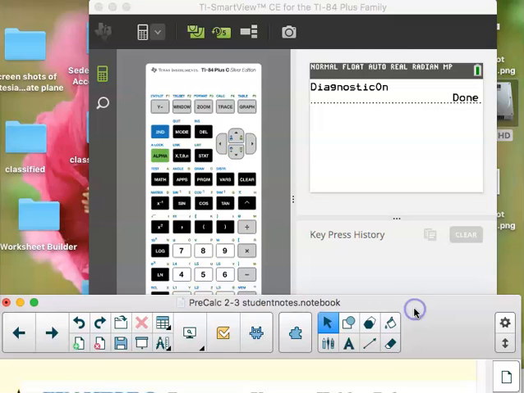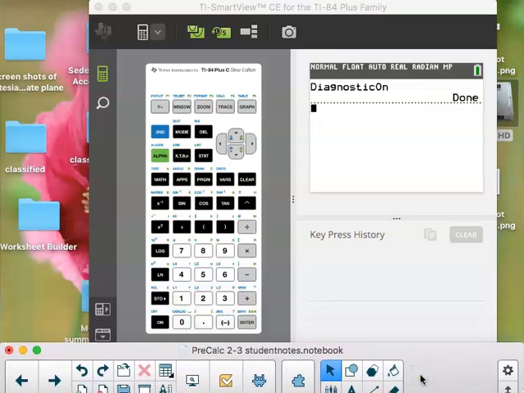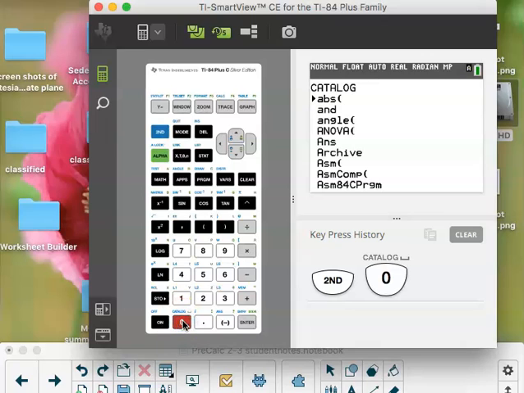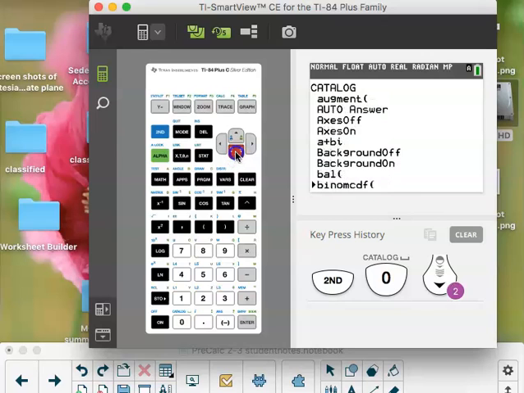If your battery didn't go totally dry, in my case, mine still have good old-fashioned batteries, and if I change those, then that setting goes away. So to turn your diagnostics on, remember you do second, 0, because that gets you to the catalog, and then we scroll down until we see diagnostics on.